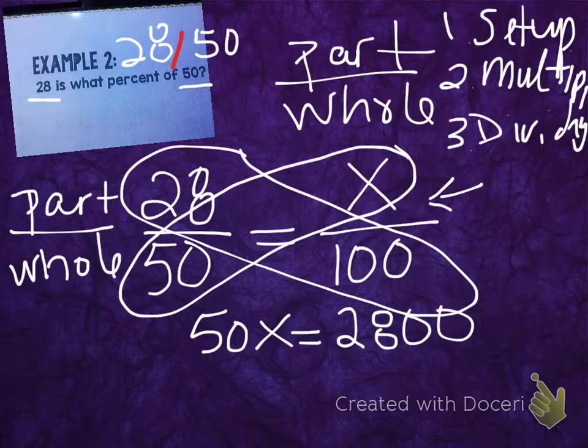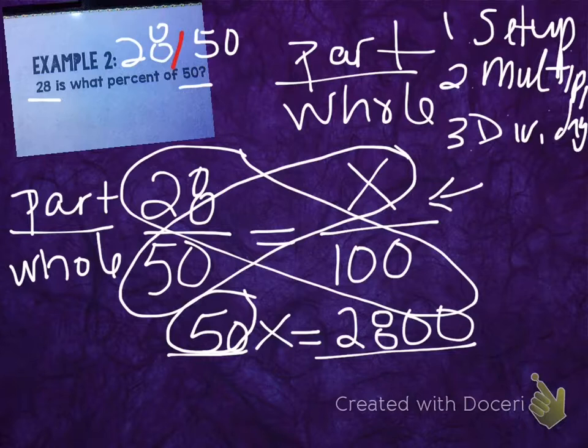Now, our third step was to divide. So I'm going to divide each side by what we call the coefficient, which is the number in front of the variable. So we're going to divide each side by 50. Now if you notice, I do have a 0 on the denominator and I also have a 0 on top in the numerator.